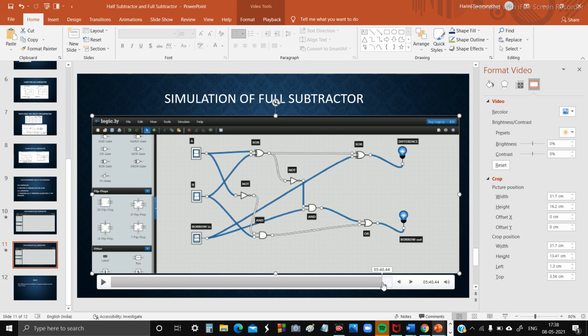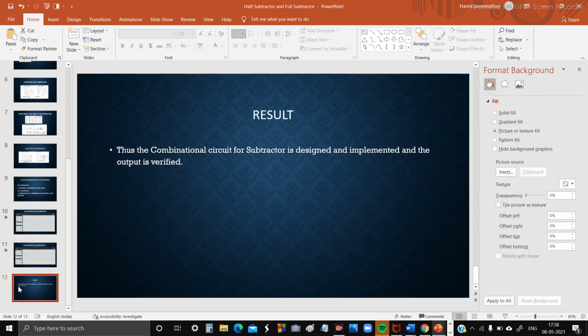By giving 1 in A, 1 in B and 1 in borrow in, we get the difference and borrow out as 1 respectively. By giving 0 in A, 0 in B and 0 in borrow in, we get difference as 0 and borrow out as 0. And this is how we proceed with the simulation of full subtractor.